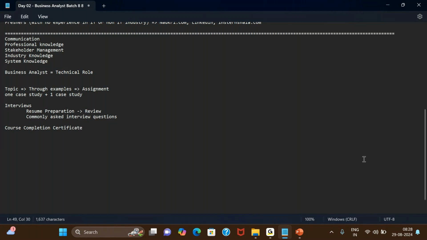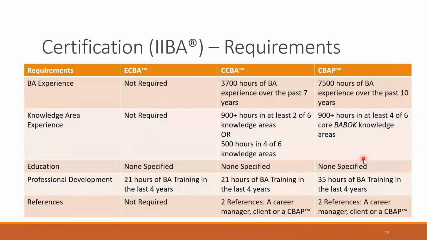Now, when it comes to the external certifications, IIBA is one such popular institute that offers certifications depending on your proficiency or your experience in business analyst related work. Their certifications are usually divided into three categories: ECBA, CCBA, and CBAP.